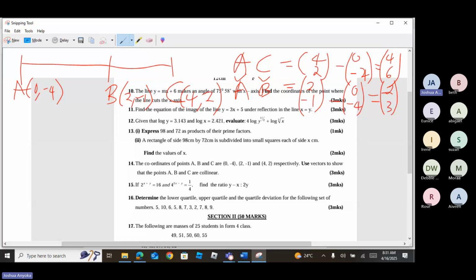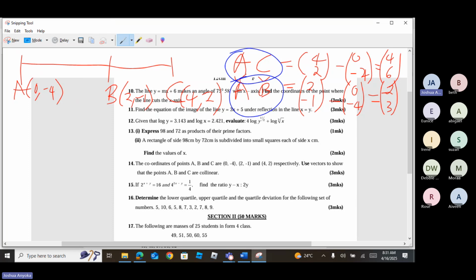So we have 2 vectors. We have decided to have vector AC and vector AB.